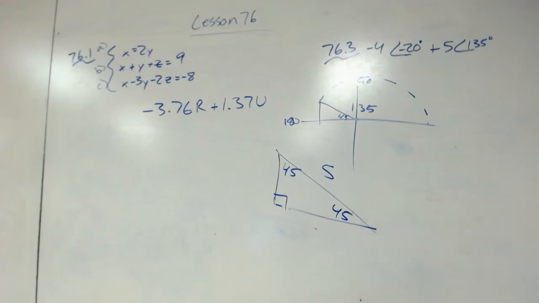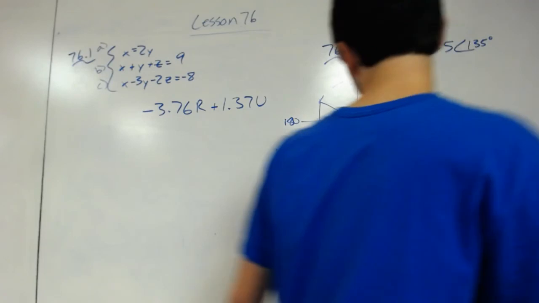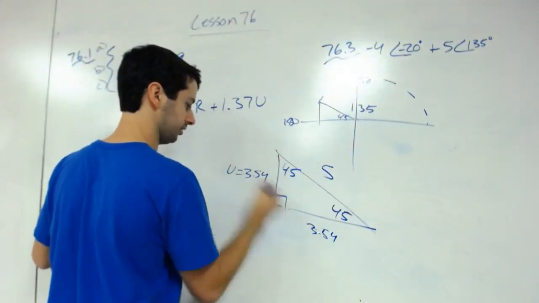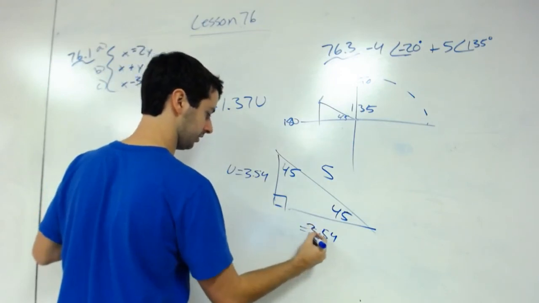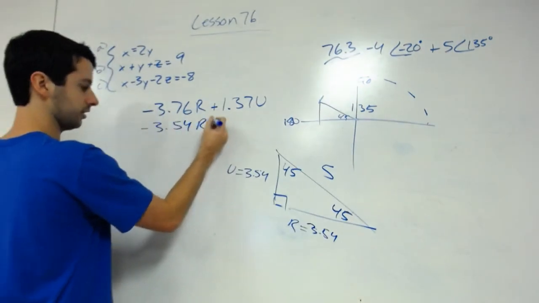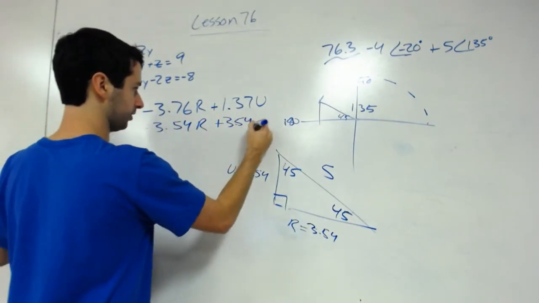5 divided by radical 2 is 3.53, or 3.54 rounded. That's u, and this is going to be r again, but it's going to be negative, so negative 3.54r plus 3.54u.